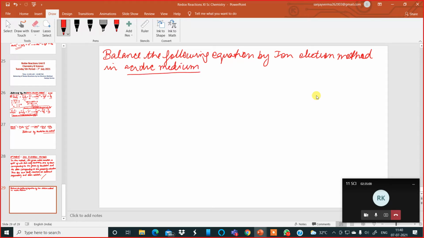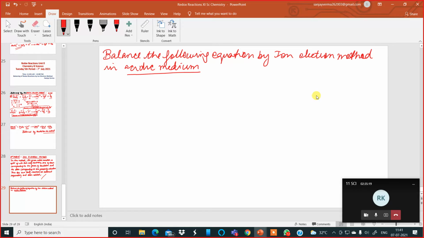The reaction is happening in acidic medium. So whenever a reaction is happening in acidic medium, we have to balance the oxygen by putting water molecules and balance the hydrogen by putting hydrogen ions on either side.